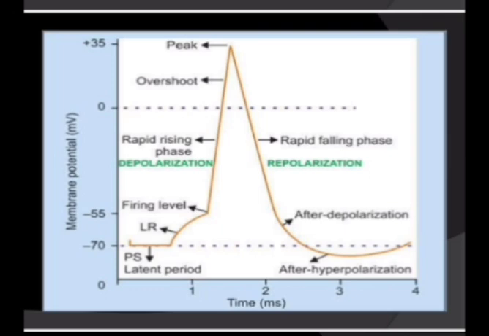Latent period. No current is passing through the nerve cell at that point. And then it gets to this point after a latent period.